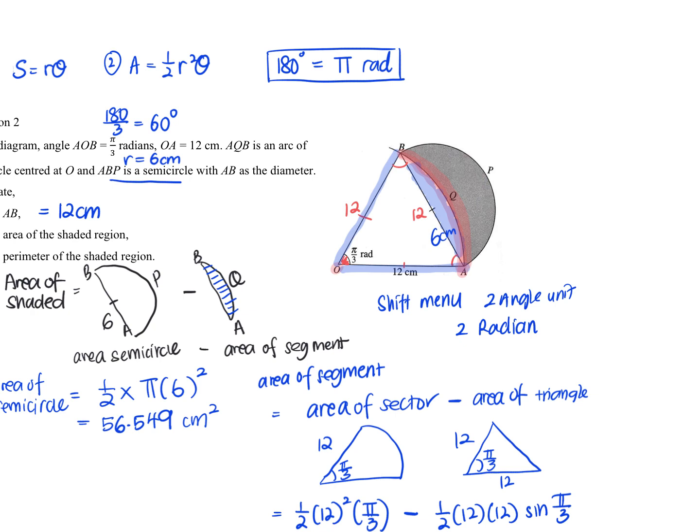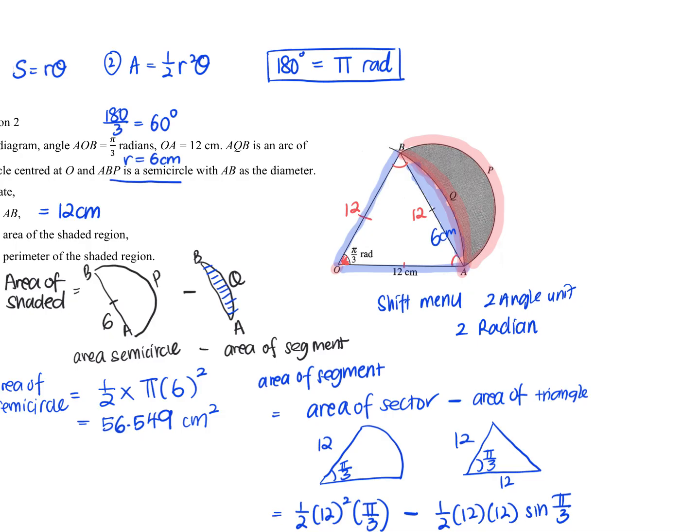This arc AB has a radius. What's the radius for arc AB? The radius is actually 12, right? And the angle is pi over 3. We find this later, and the second part we need to find this portion. It looks really like an ice cream this time around. This is the circumference of half a semicircle.